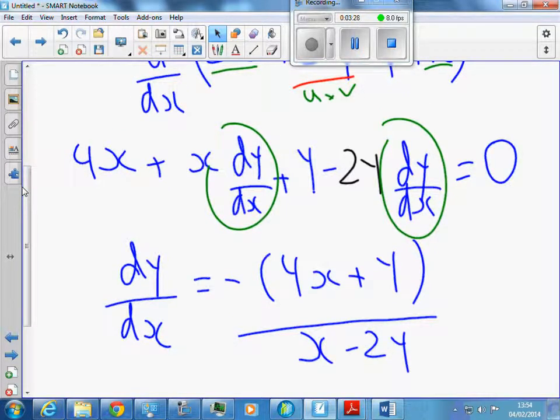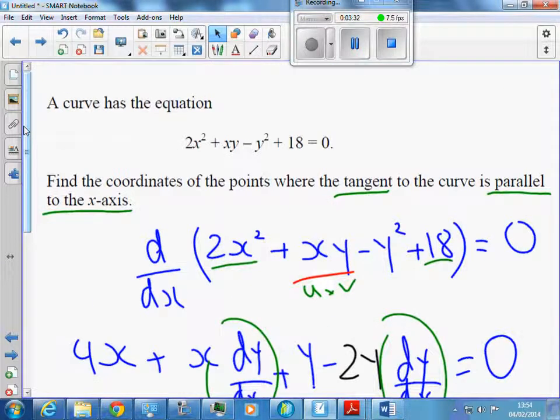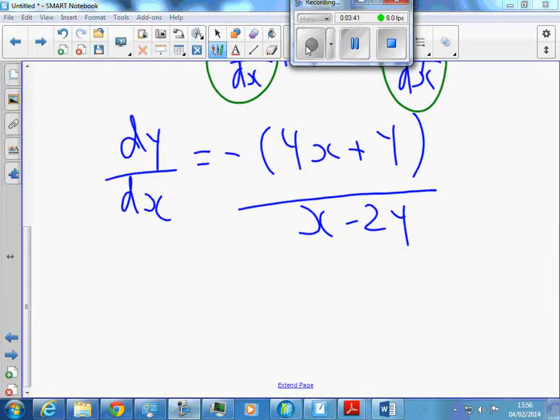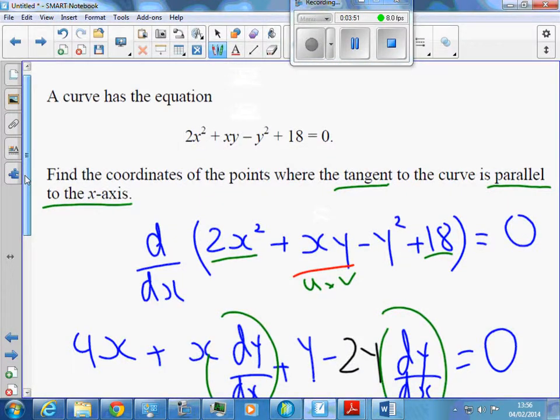Now here's the key thing. What we need to do is find the coordinates of the points where the tangent to the curve is parallel to the x-axis. So dy by dx has to equal 0 because the gradient of the tangent is parallel to the x-axis.